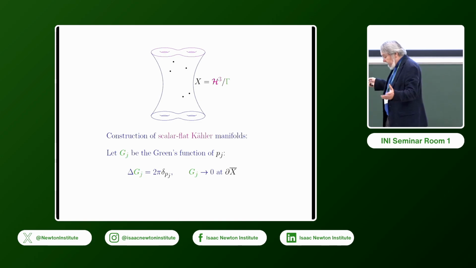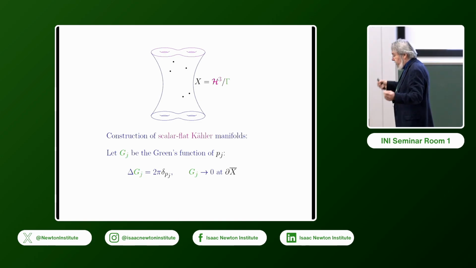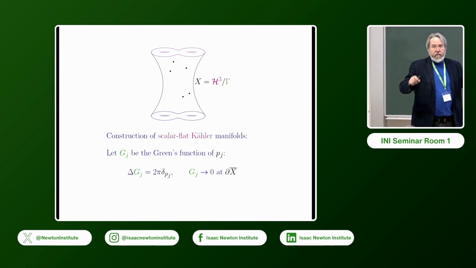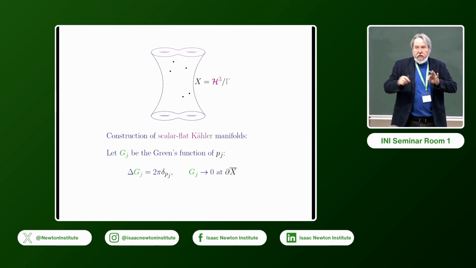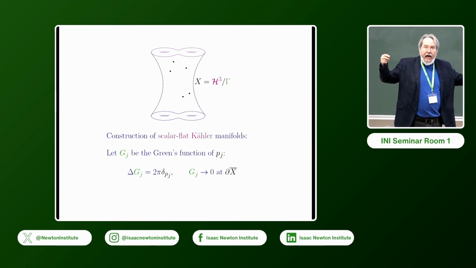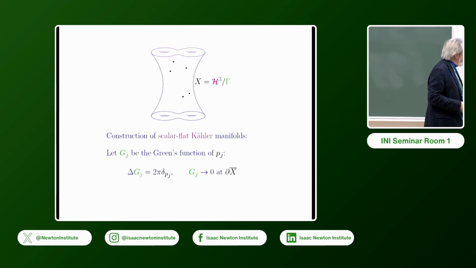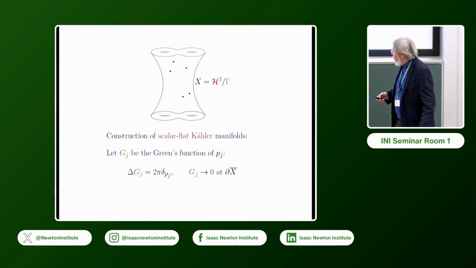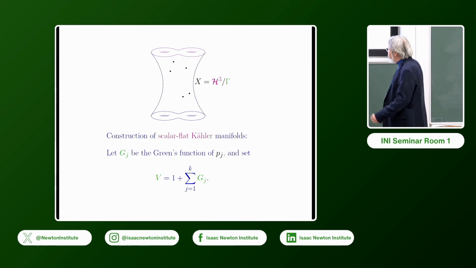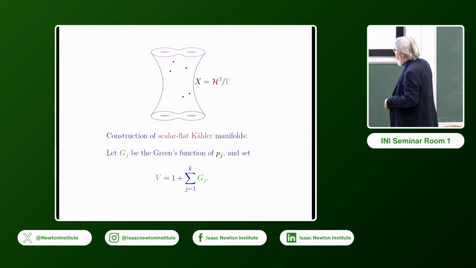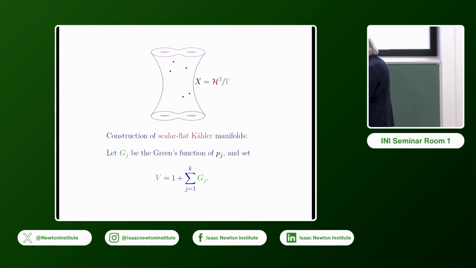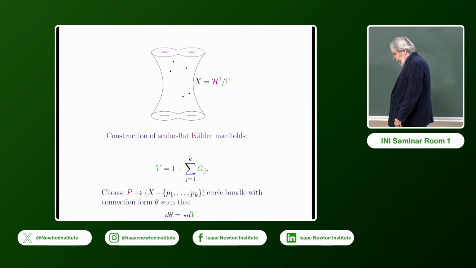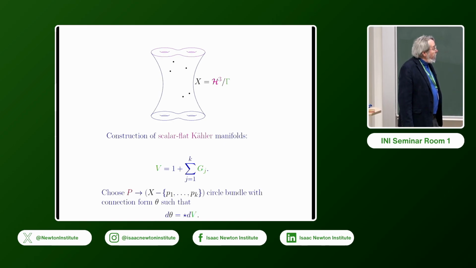You can write these down explicitly in terms of infinite sums: you could pass to the universal cover, take the pre-images of the point in the universal cover, and add up the Green's functions in hyperbolic space. That's the way I did it in the original paper, and it may not be so easy to read for that reason. Anyway, you do the same thing as before. Take 1 plus the sum of the Green's functions. That's a harmonic function.